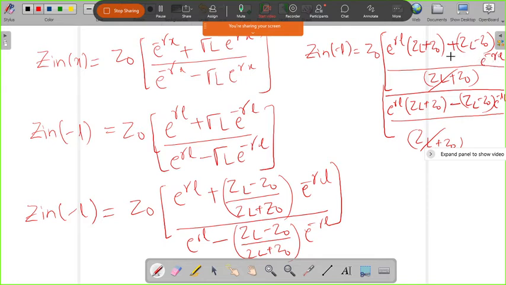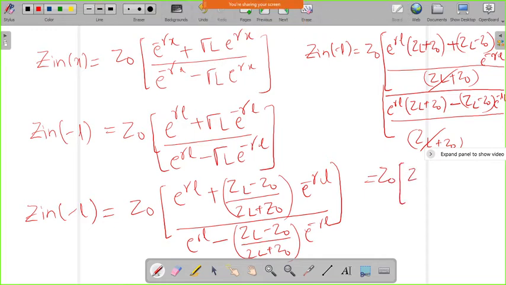Now you can take out the common terms. We have ZL into e power gamma L plus Z0 into e power gamma L, and here ZL into e power minus gamma L minus Z0 into e power minus gamma L. Now ZL and Z0 terms are common, so we can take them out.